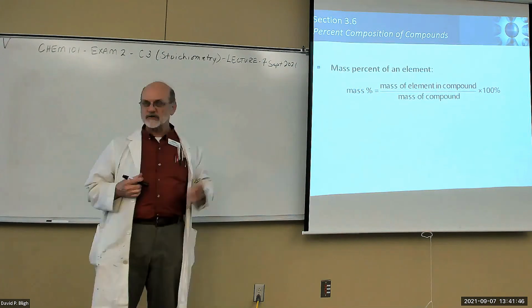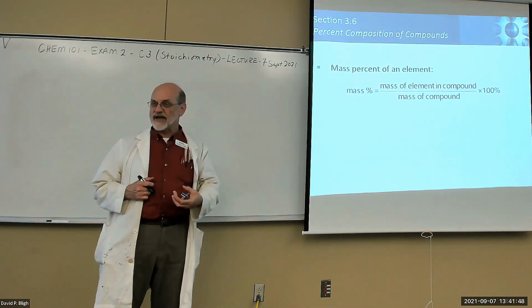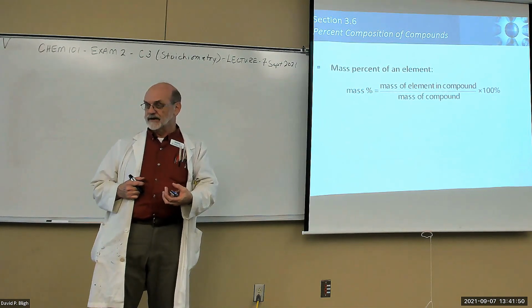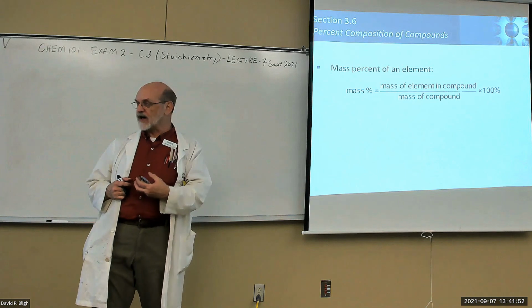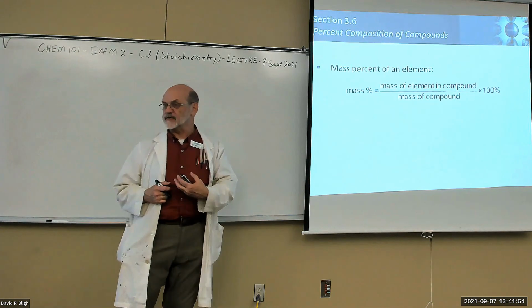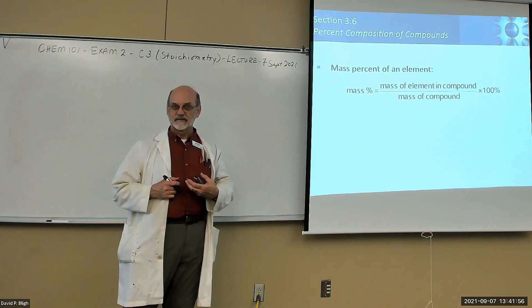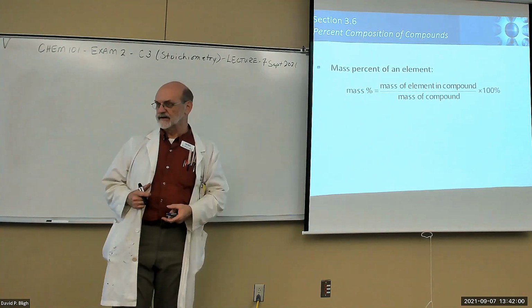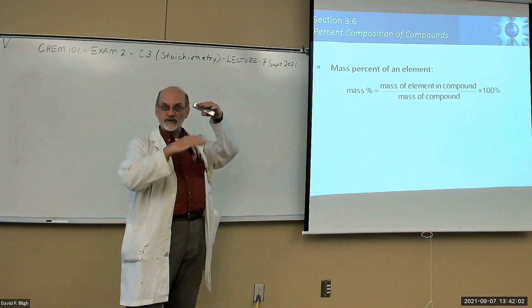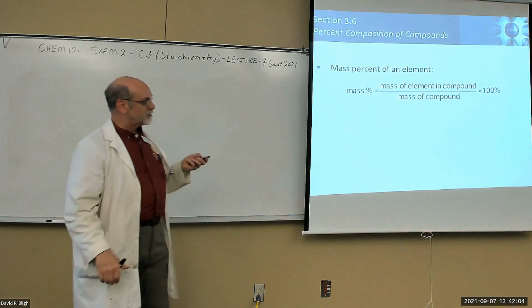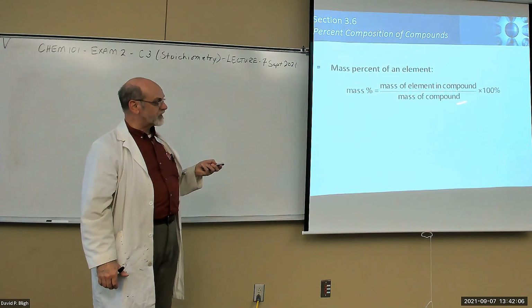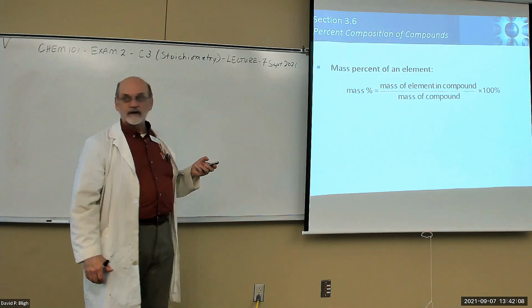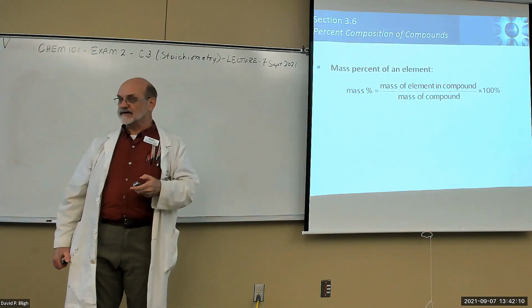And here you can visualize this as molar mass of the compound. And in 1 mole of compound, you have a certain mass. And in 1 mole of that compound, how much of that element is in there? Then you ratio those two. So the mass of the element ratio to the mass of the compound times 100 is the mass percent.